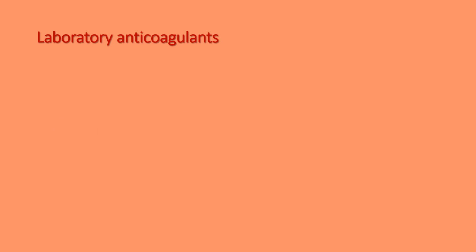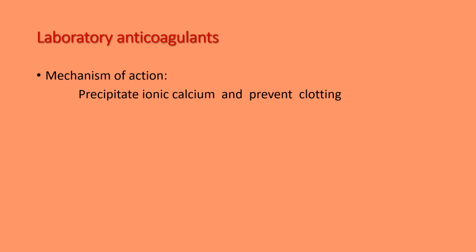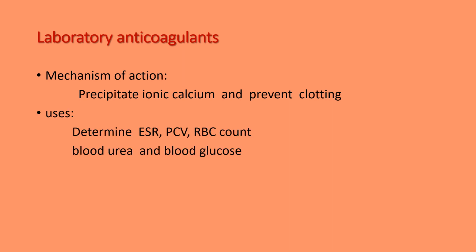So laboratory anticoagulants: sodium sulfate, double oxalate, EDTA. These act by precipitating the ionic calcium and preventing clotting. So the mechanism of action of the laboratory anticoagulant is to precipitate the ionic calcium and prevent clotting.